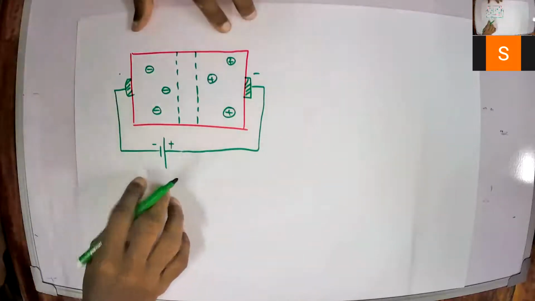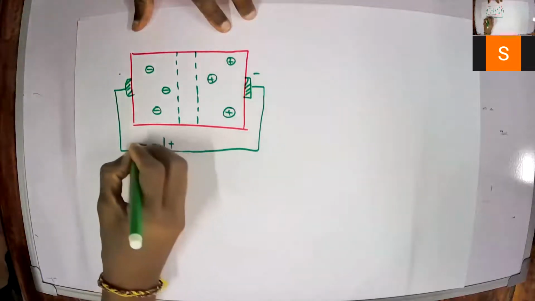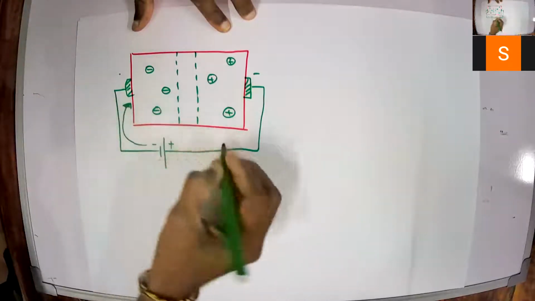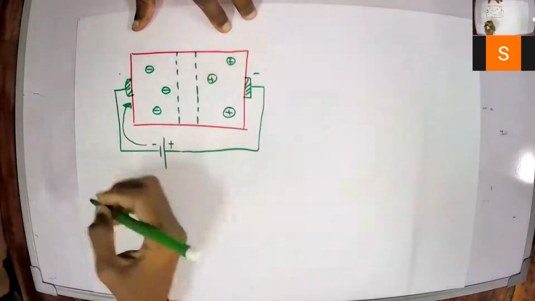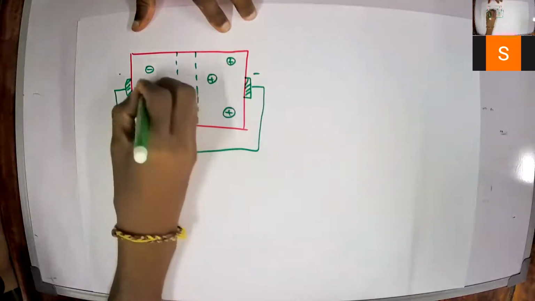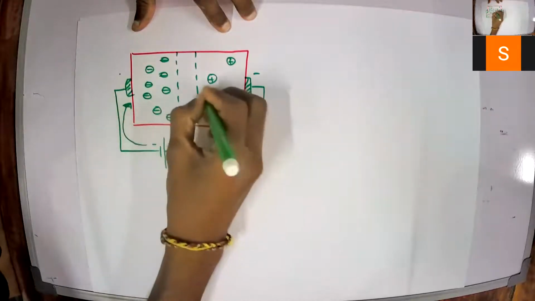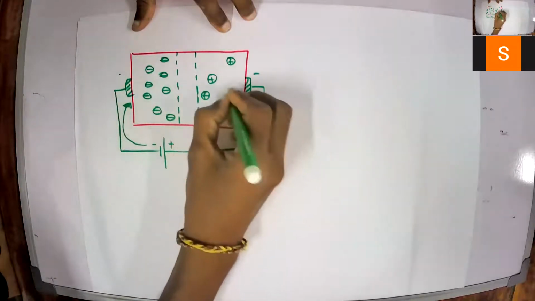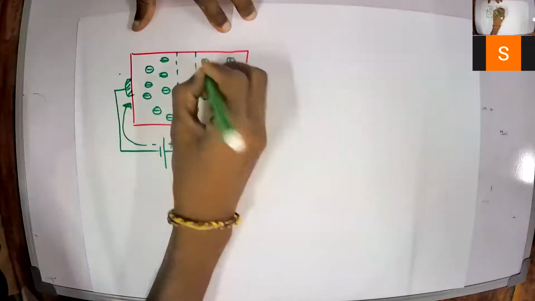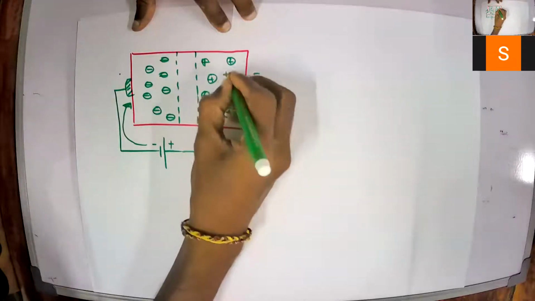So effectively what I am doing is injecting more electrons here and injecting more holes here. So effectively the number of electrons will be increasing here. Similarly, the number of holes will be increasing here. Am I right?